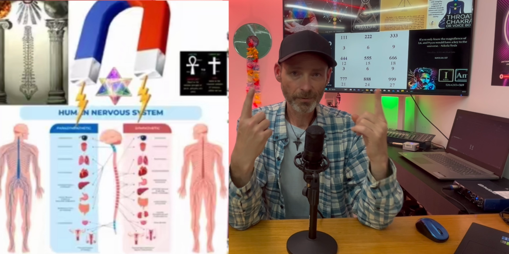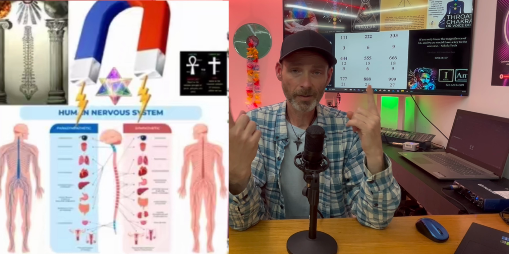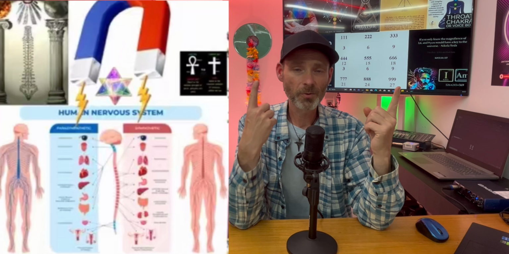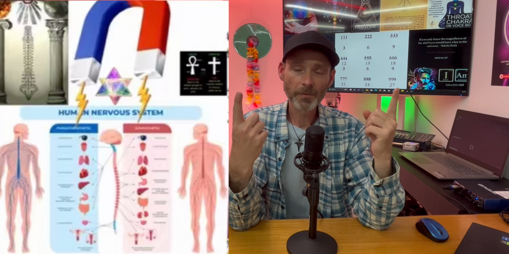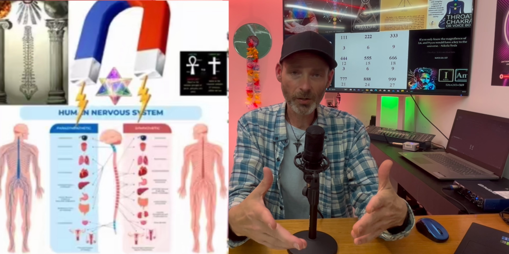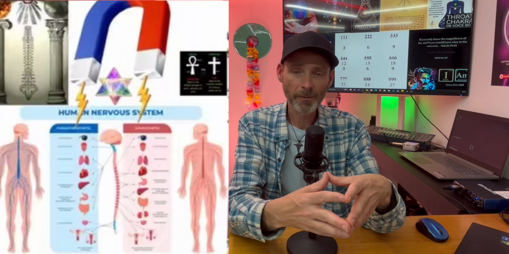When you understand that positive and negative are two polar opposite poles, and the nervous system works the same way, you have a positive side, you have a negative side of the nervous system. And if you take it back to what I said earlier about duality of life, there is an equal opposite of everything. You can be in a fight or flight, which means part of your nervous system is closed off.